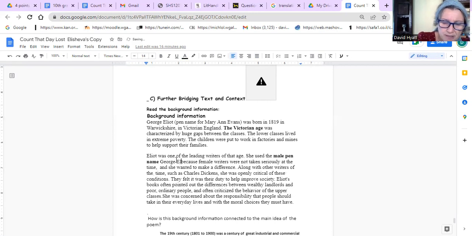Yeah, it is missing the family name, because female writers were not taken seriously at the time, and she wanted to make a difference. So here it says she could not publish herself as a woman, because in that period poets and writers who were women were not taken seriously, and she did want to have a positive influence, to make a difference.